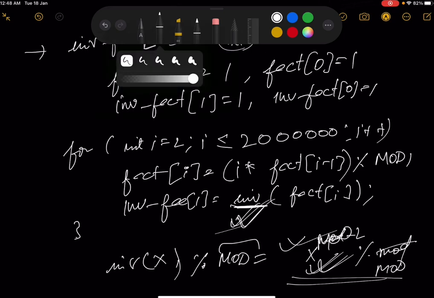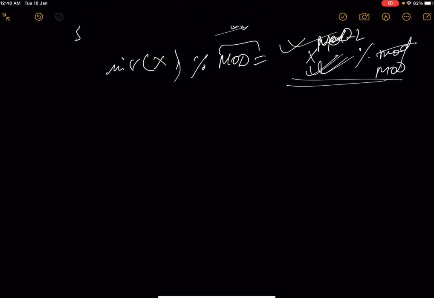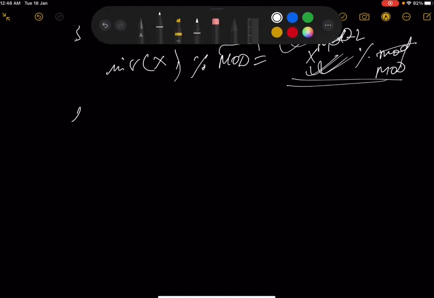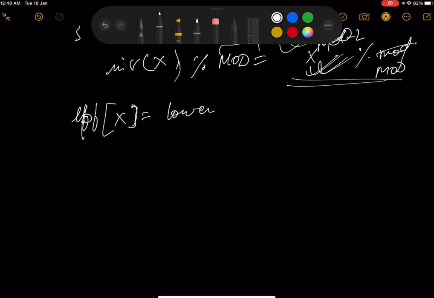Now coming to the lowest prime factor part. For calculating the lowest prime factor of every number, we have an array LPF, where LPF of x will store the lowest prime factor of x. We know that LPF of 1 will be equal to 1.